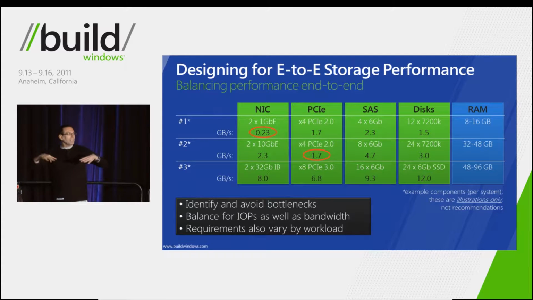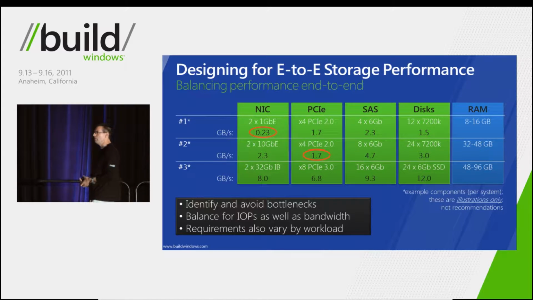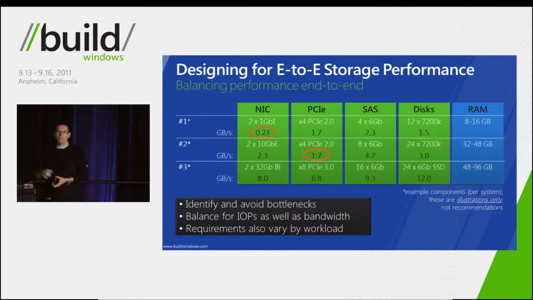So what I did was calculate the throughput at various points through the system and turn them all into gigabytes per second. You've got 12 disks, 7,200 RPM disks. That's going to give you about 1.5 gigabytes per second. Calculate the SAS connections, calculate PCIe. Well, when you look at gigabytes per second on the network, you see the whole system is going to be throttled by the amount of data that you can push out across the network.